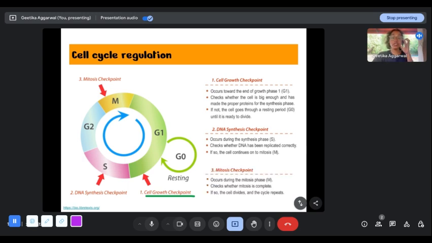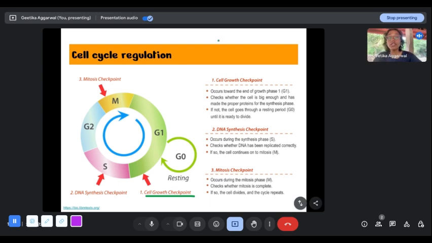This checkpoint occurs during the early half of the mitosis phase, before cytokinesis, and it checks if the mitosis has completed properly and if all the chromosomes have separated properly. If so, the cell can divide, cytokinesis can take place, and the cycle repeats itself. So these are the three checkpoints that regulate the cell cycle.